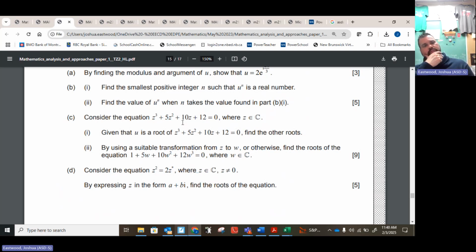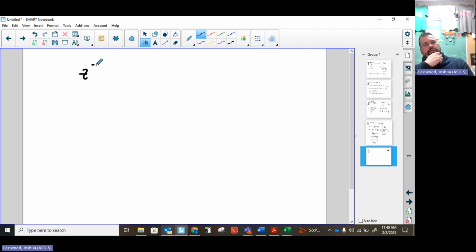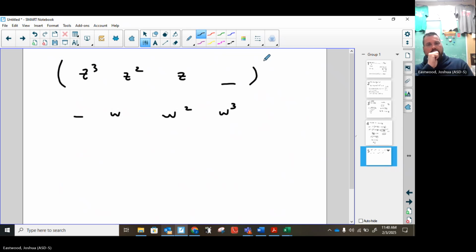So what has happened there is essentially this. This is what it means by a suitable transformation. So if I have Z cubed, Z squared, Z, and then nothing, and I have nothing, and then W, and then W squared, and then W cubed, what have I done? Basically I'm just flipping the power. So I'm essentially taking this and dividing it by Z cubed.